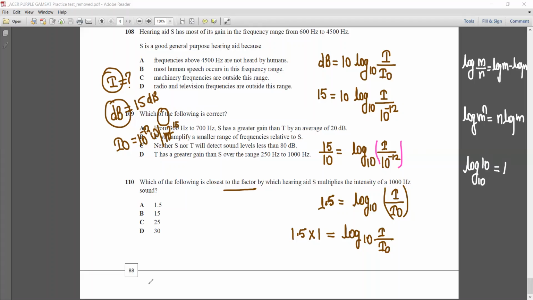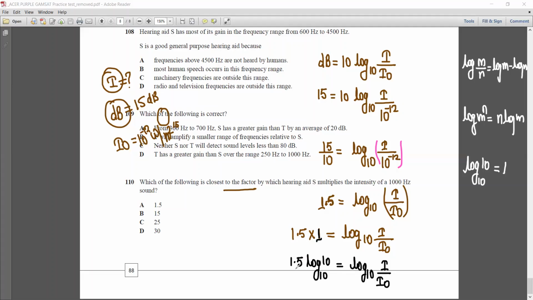So I will apply this idea here, and I can write 1.5 times log base 10 of 10, which is log base 10 of I over I naught. Why am I doing this approximation, making 1 as log 10? Because I want to cancel out the log term on both sides so that I can get the answer easily.